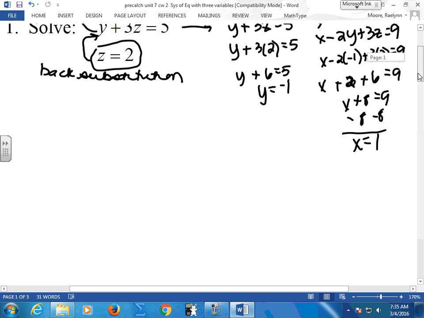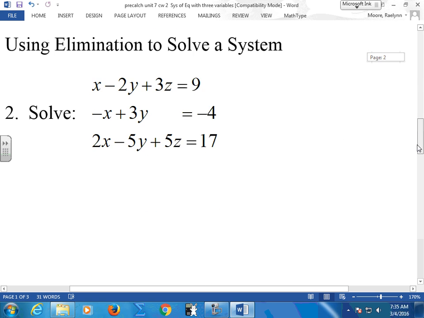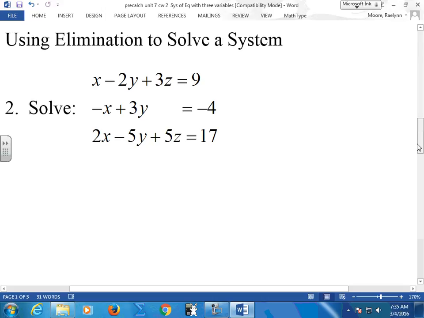Okay. Another one is with 3 variables, you need 3 equations. Now, your goal is to combine 2 equations, eliminate 1 variable, combine 2 others, eliminate the same variable, and then use those 2 results to eliminate a second variable, and then work yourself backwards.